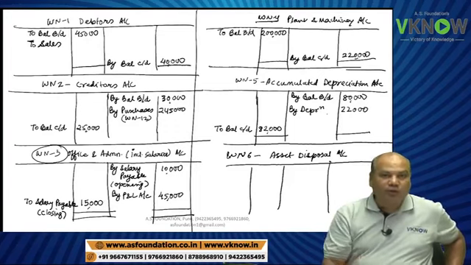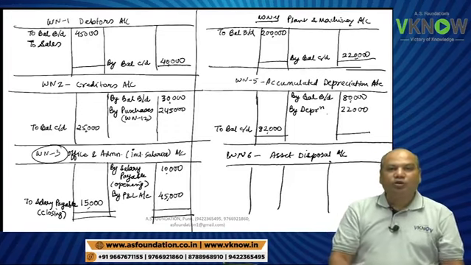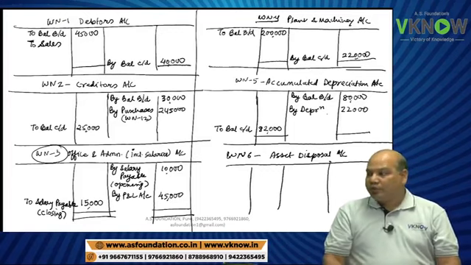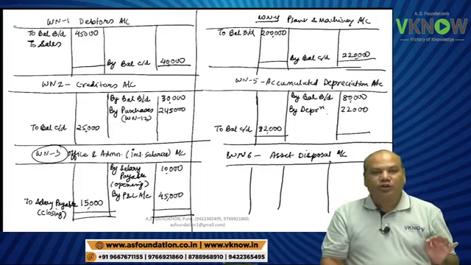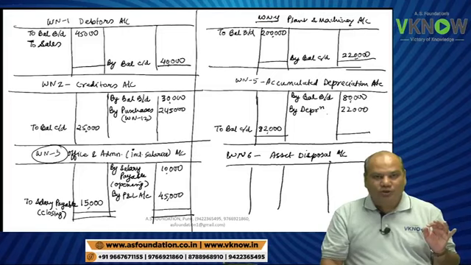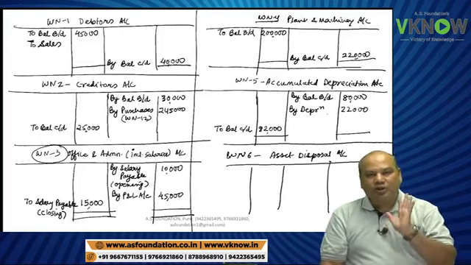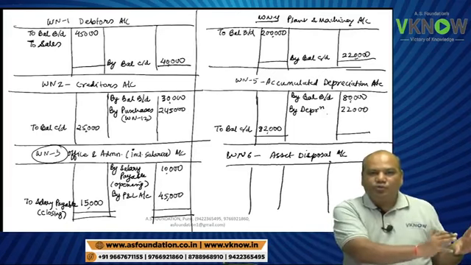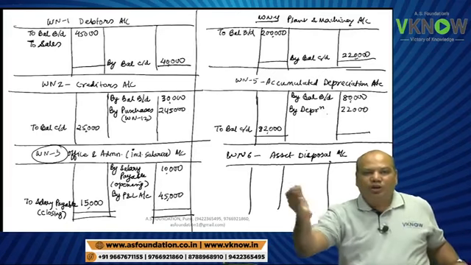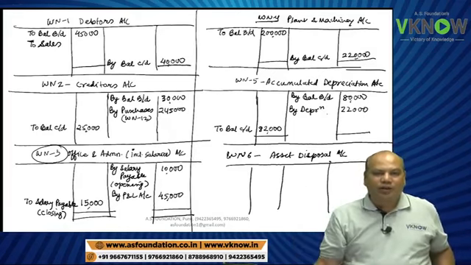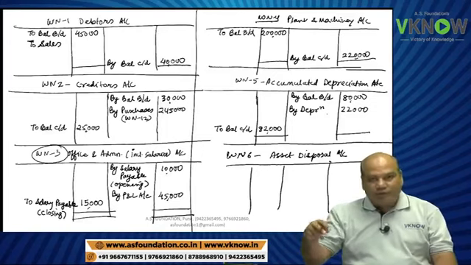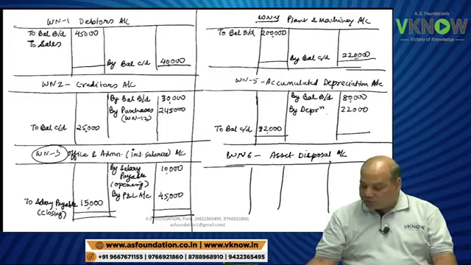Gain on sale of plant. The entry for gain on sale of plant is in this question asset disposal account debit to P&L account. P&L account credit side gain on disposal. So that is appearing working note number 6.